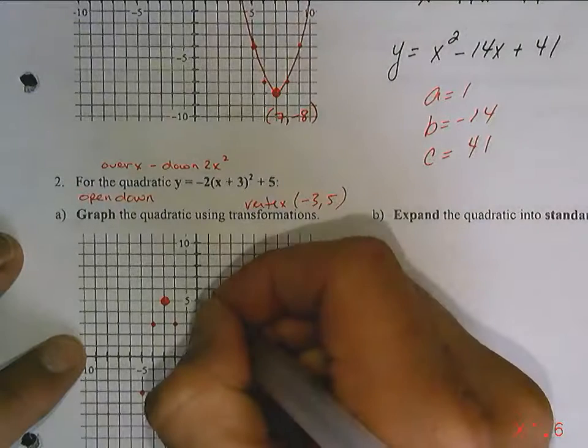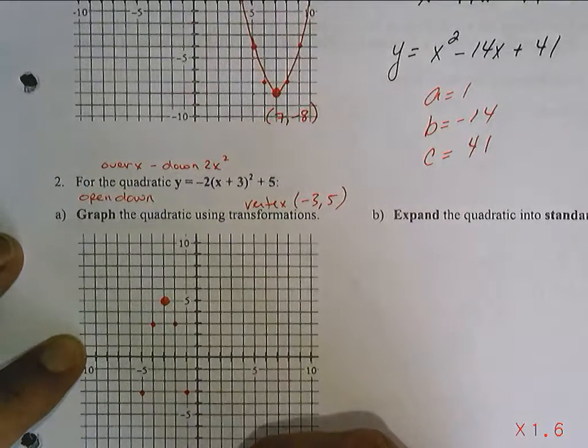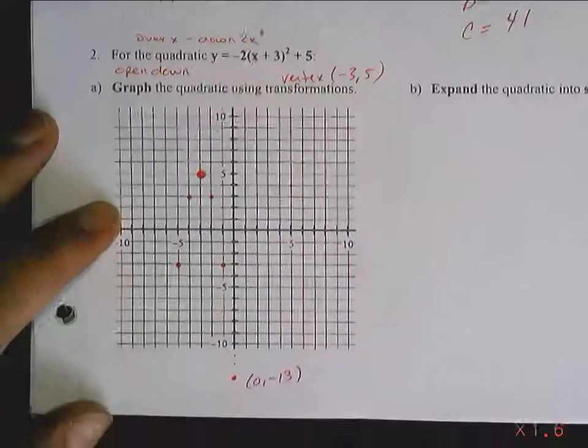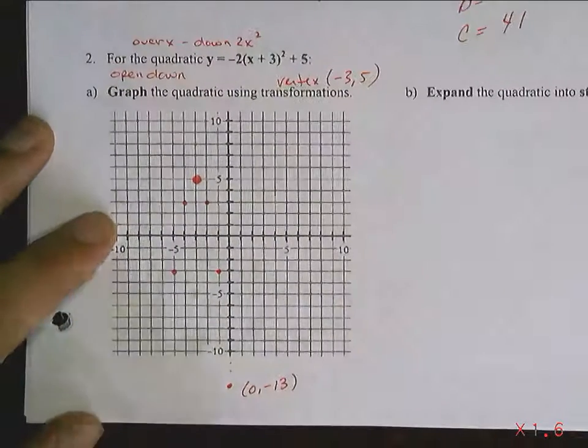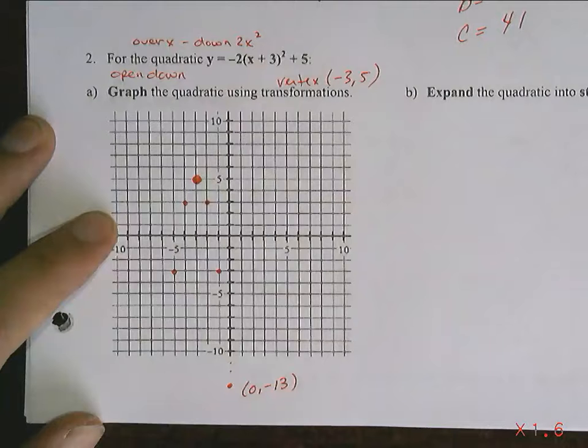So this is 5, and going down 15, 16, 17, 18. So that'll be negative 11, negative 12, negative 13. So 0, negative 13. Well, you can't see, I'm sorry. So the question now is, can we check that?